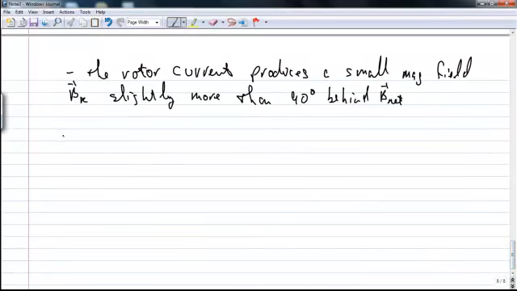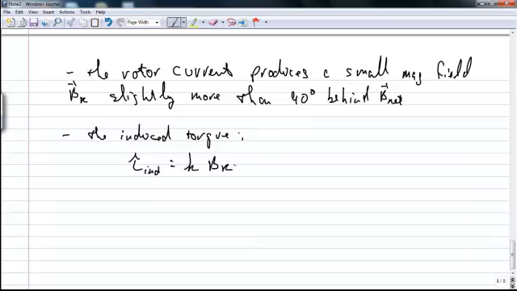And then we can write an expression for the induced torque: K times BR cross B net.